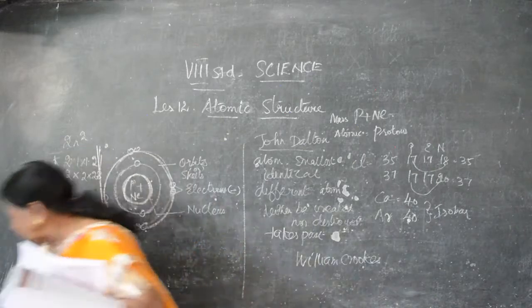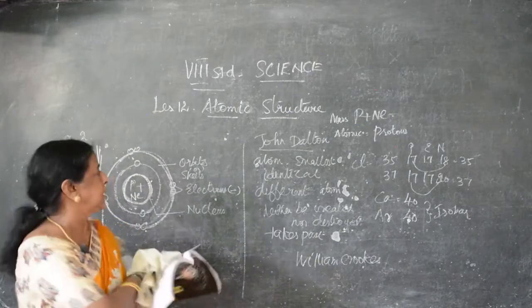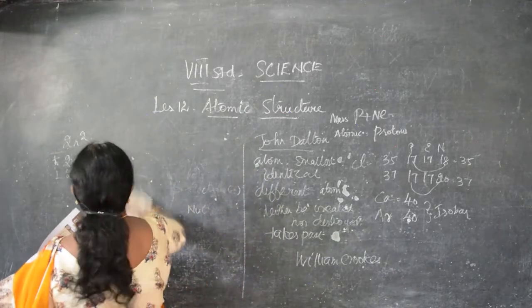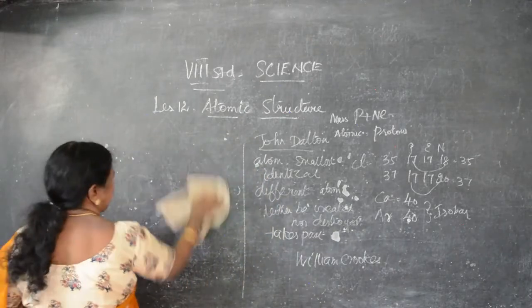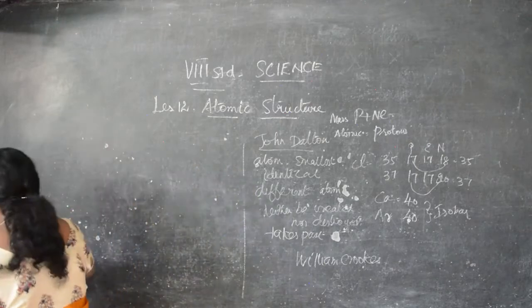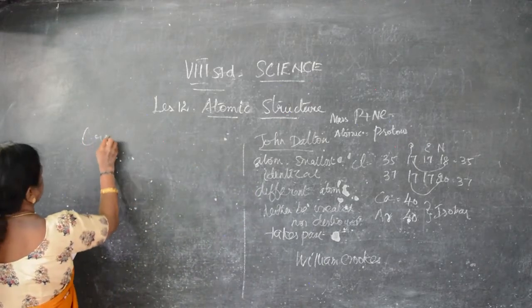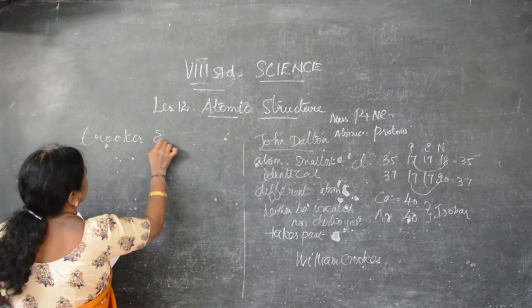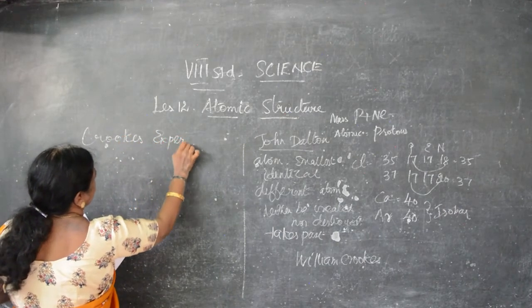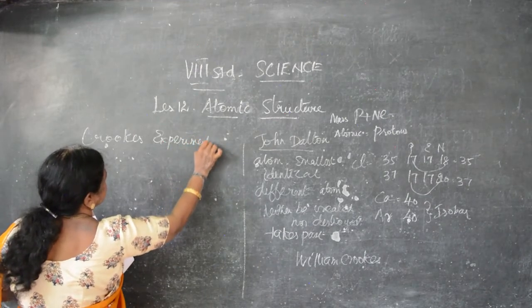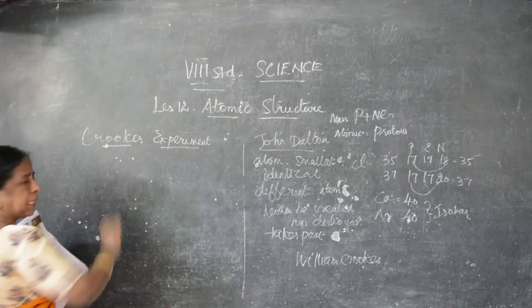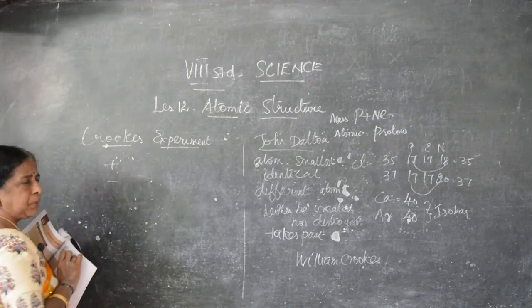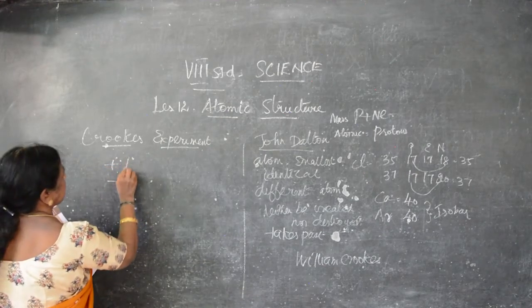Clear? So now we will go for the experiment. Which experiment is it? Crookes experiment. He is taking two metal rods, one positive and the other negative. He has taken the gas, and the positive and negative rods.